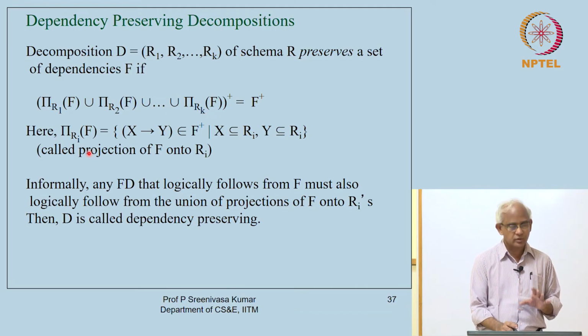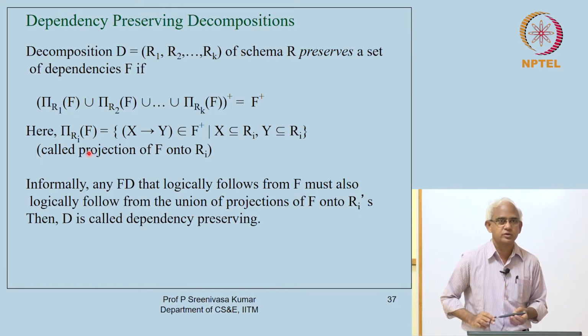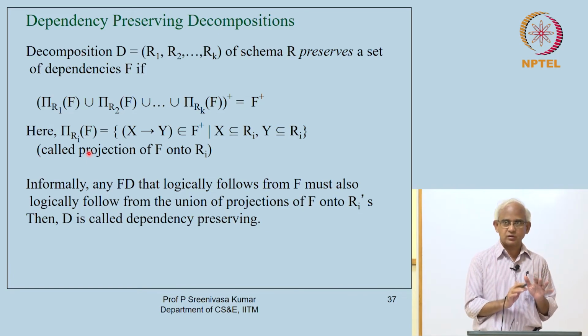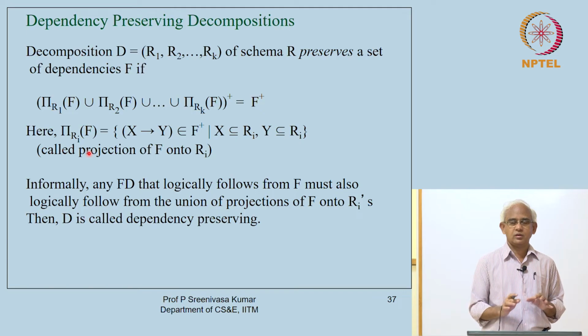So, these are the two interesting properties of decompositions that we are looking for. We are not interested in arbitrary decompositions of a relation, but in those decompositions that satisfy these two properties. One is called the lossless join property, the other one is called the dependency preserving property.